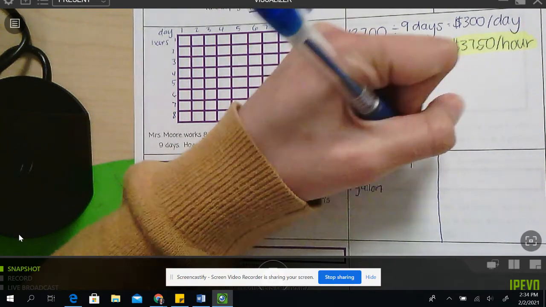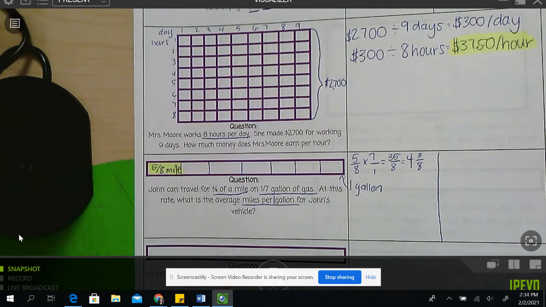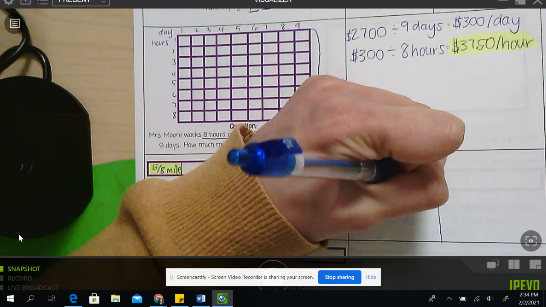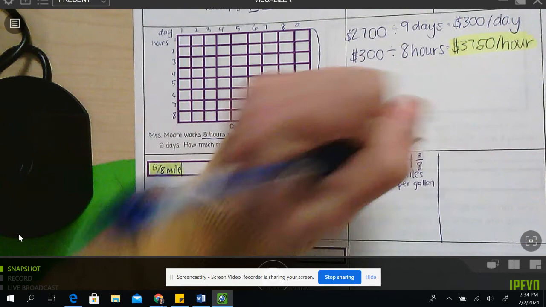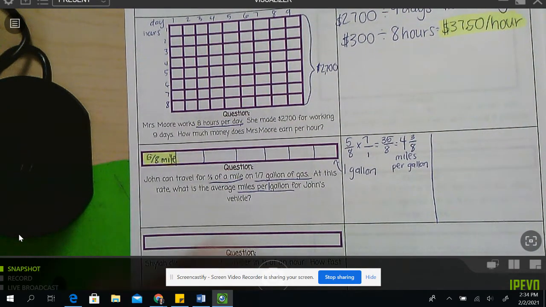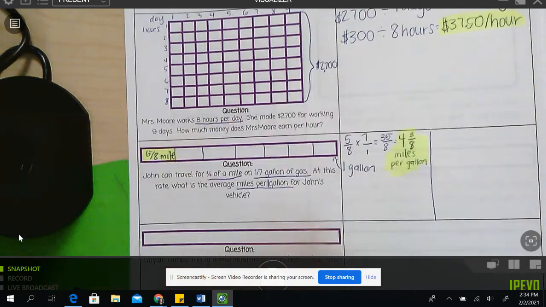So we're left with 3/8 left over. So he can go 4 3/8 miles per gallon. Again, you really just got to think critically about what makes sense for the situation.